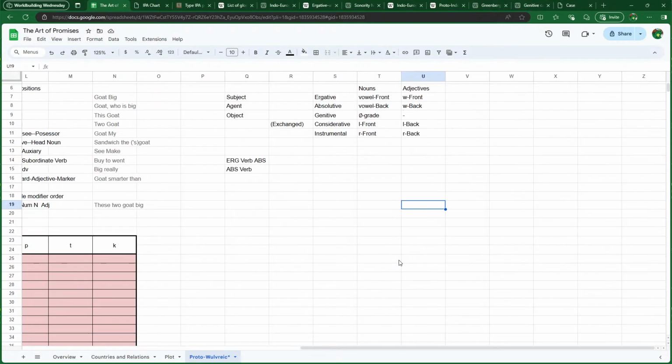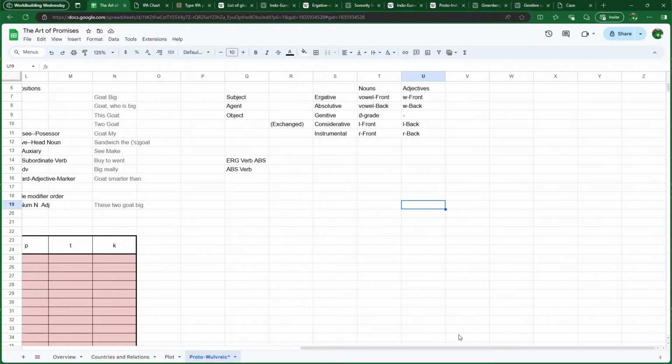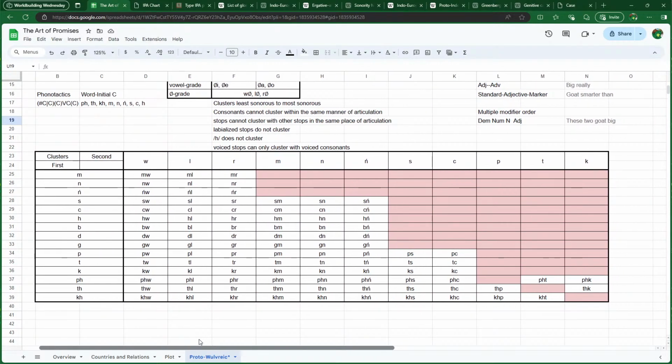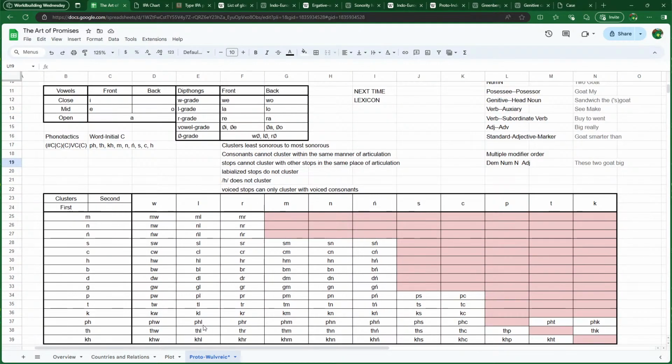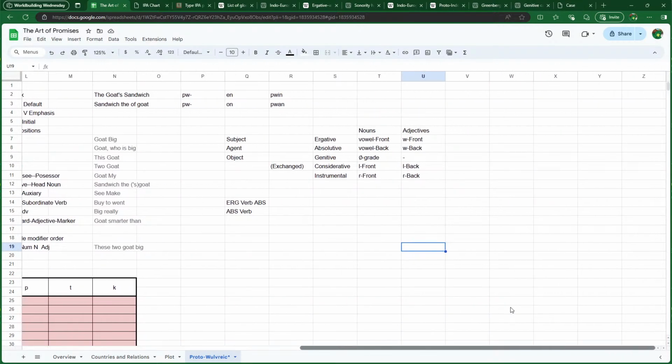So, what words would this language have? Because we've got some complicated stuff going on, but we've got to actually make the words.